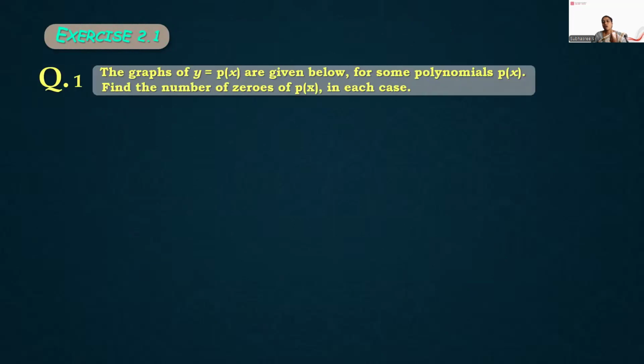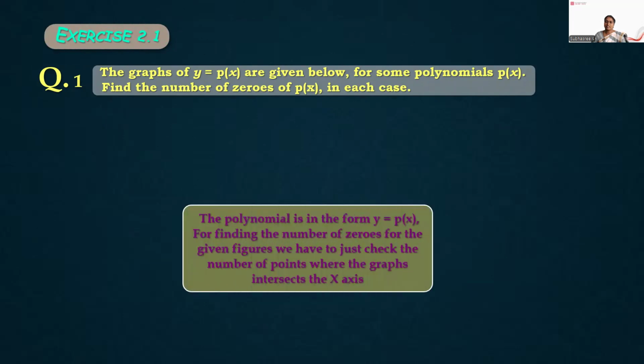We are going to solve now using the graphical method. First question. When I'm solving, you will come to know what we mean by a graphical method. Question: the graphs of y equal to p of x are given below. For some polynomial p of x, find the number of zeros of p of x in each case. So what is the question asked?